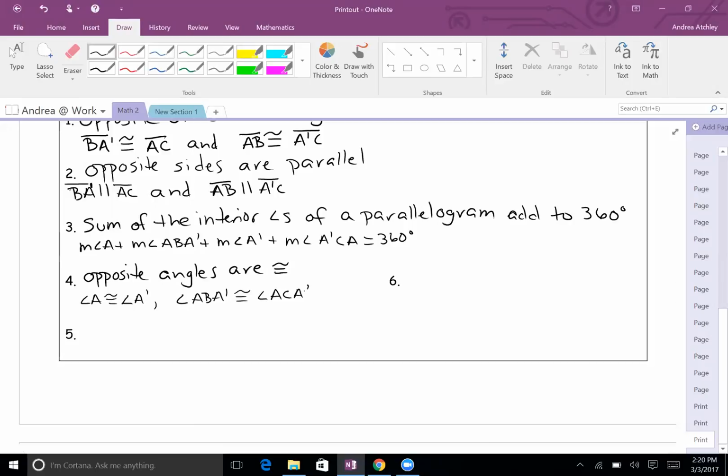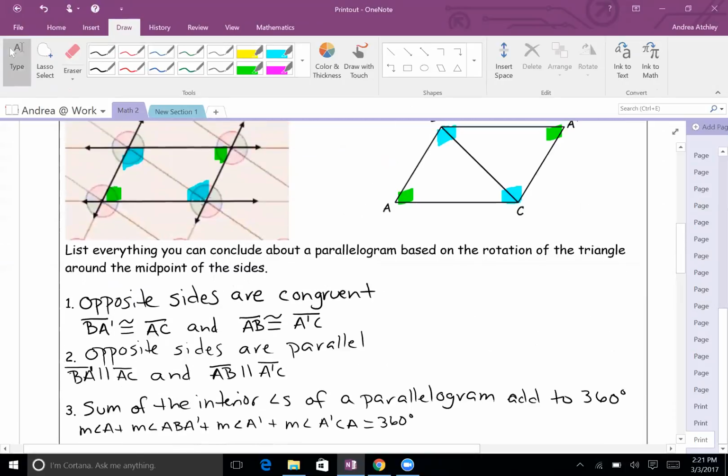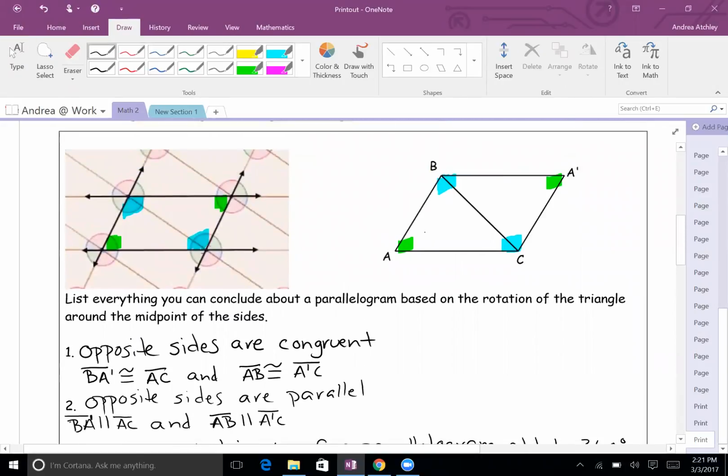Do you have any others? Two more to come up with. Okay, how are A and A prime related? They're definitely not congruent, right? One's obtuse and one's acute.